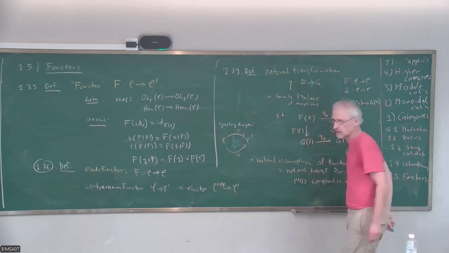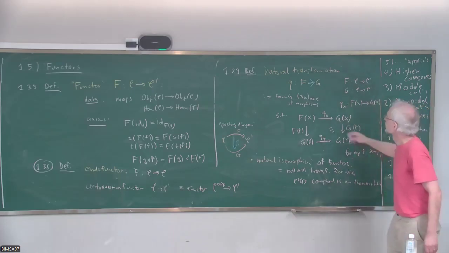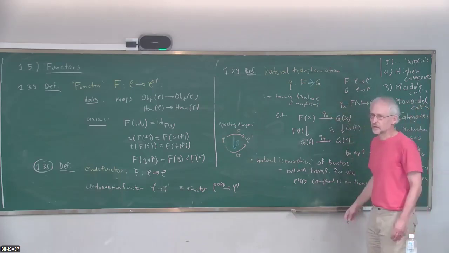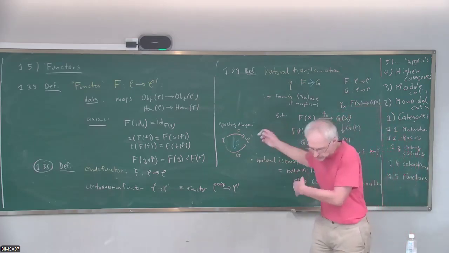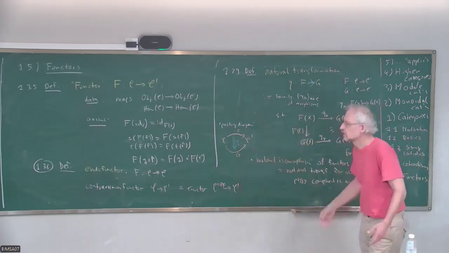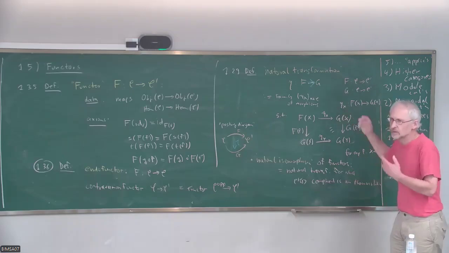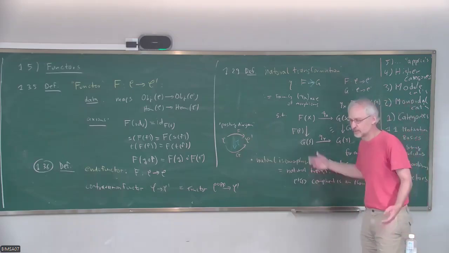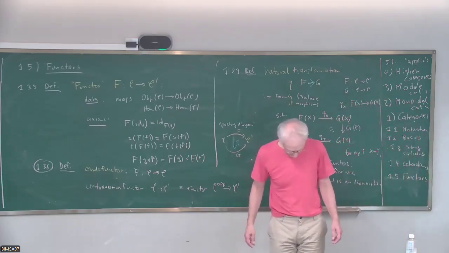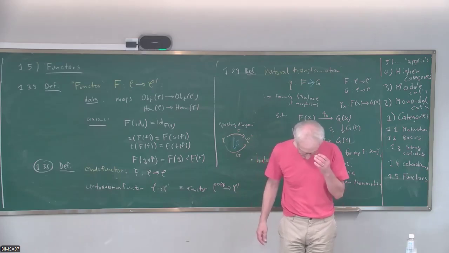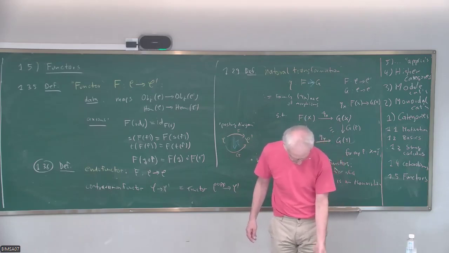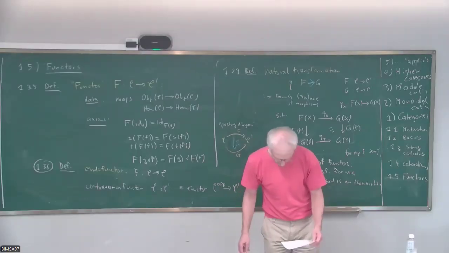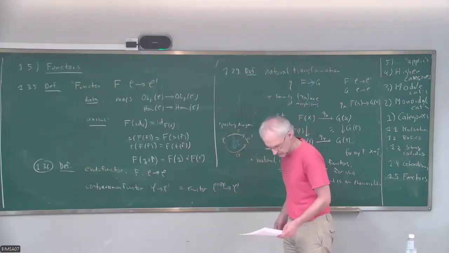Depending on the context, very often one writes a double line arrow for natural transformation. I will not usually do that because if I tell you that I talk about natural transformation, you already know what I'm talking about.